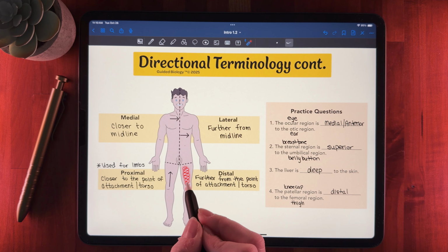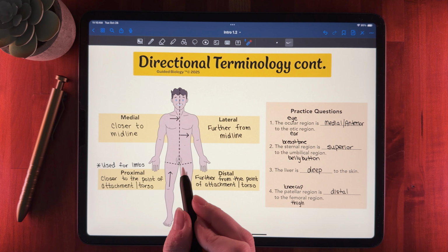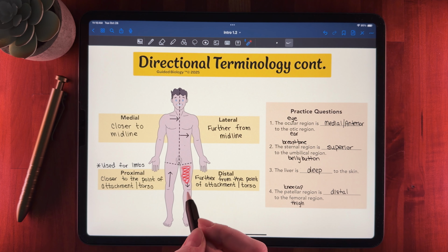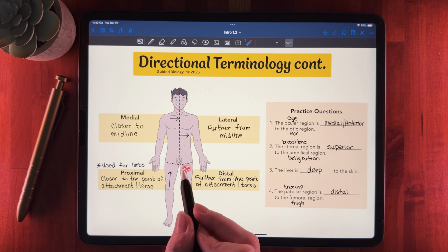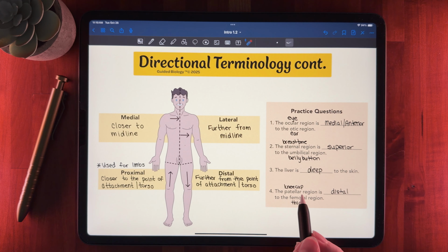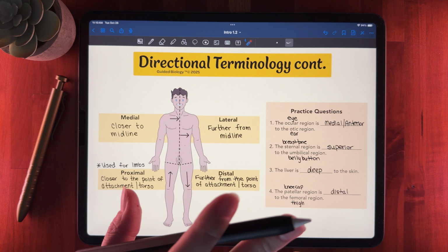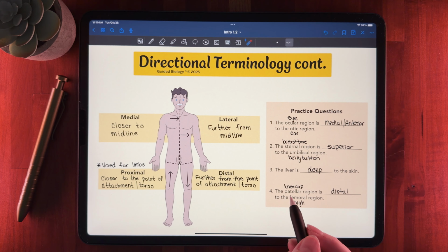Because if I switched that, if instead this question said the femoral region is blank to the patellar region, it's actually going to be the opposite term, because we put them in the opposite order. So we would say the femoral region is proximal. It's closer to the trunk than the patellar region. So make sure you are paying attention to the order of those structures. You don't just find where the structures are and pick a term that describes whatever you think. Make sure you pay attention to the question, okay?